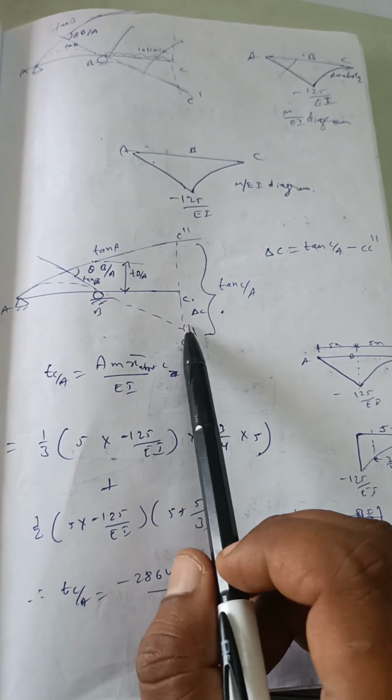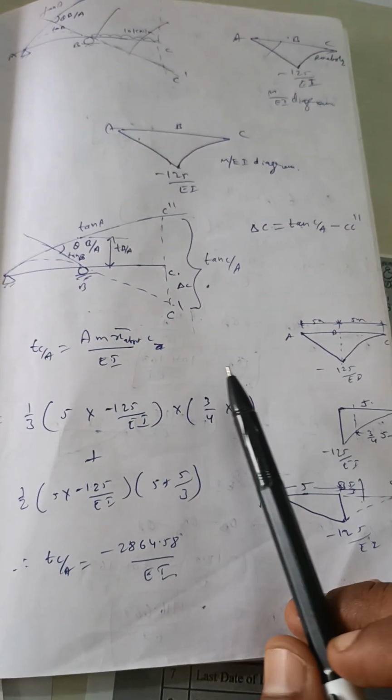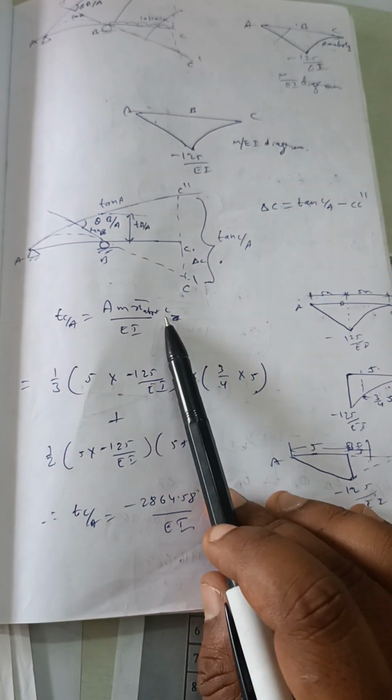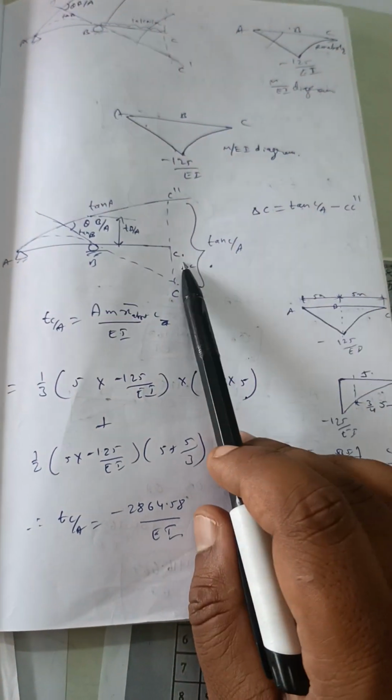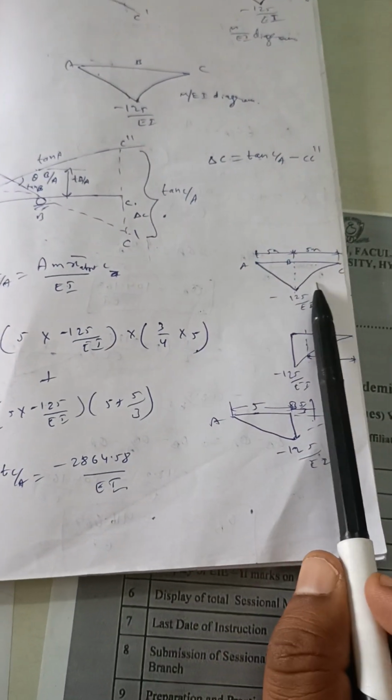For this M by EI diagram, we need to calculate A x bar by EI, with x bar about C, because the deflection is at C only. First I am taking this portion and this portion.